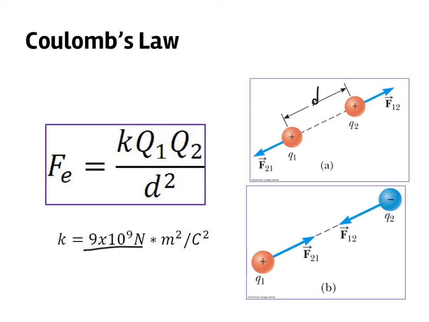But what I want you to understand is that sometimes both charges could be positive. Sometimes they could be both negative. When they're both the same, the good thing about this equation is that when you have two positives times each other and two negatives, both of these result in a positive answer. Anytime you have a positive times a negative or a negative times a positive, these two would actually result in a negative.